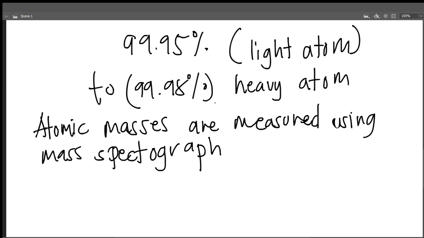This device was developed by F. W. Aston, an English scientist.